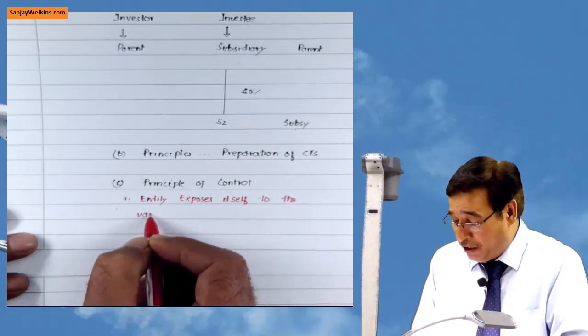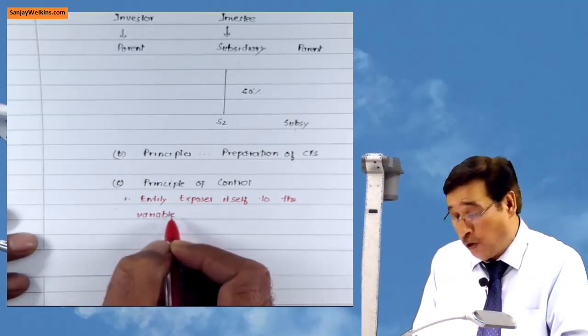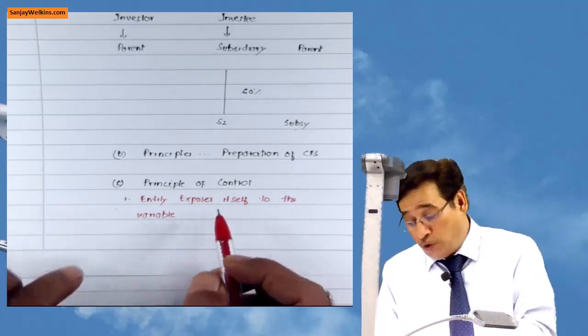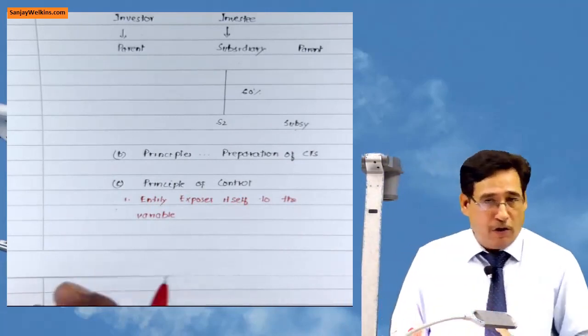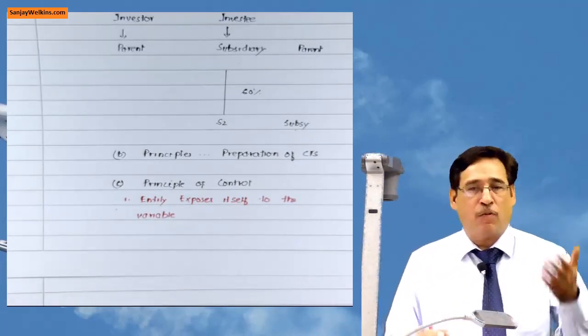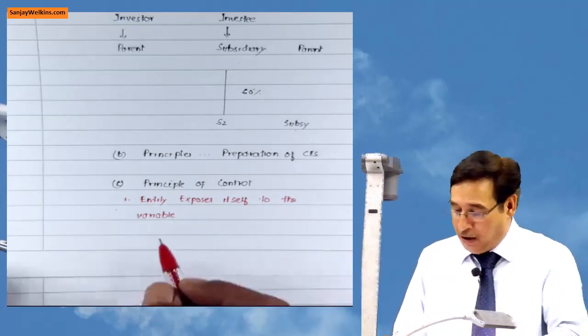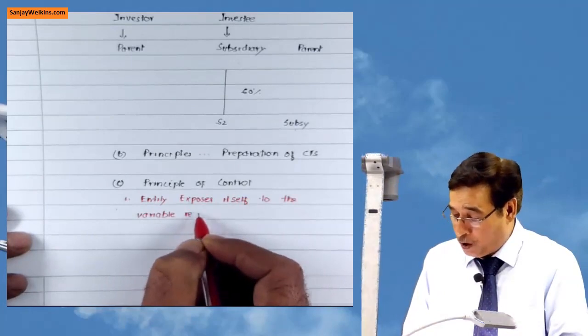Here, variable stands for no return or lower returns, because the word expose is there. The entity is exposing itself because there is always the possibility that we might not have the return, or we might have a return which is much lower than our expectations. Correct? So the entity is exposed to variable returns.